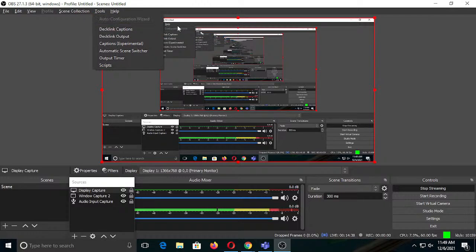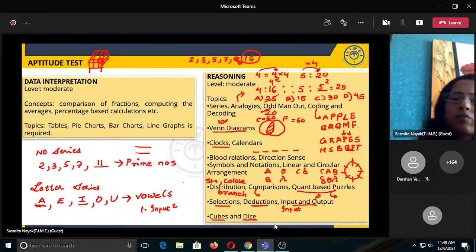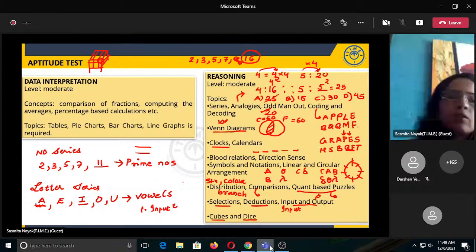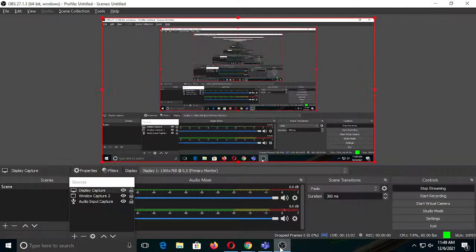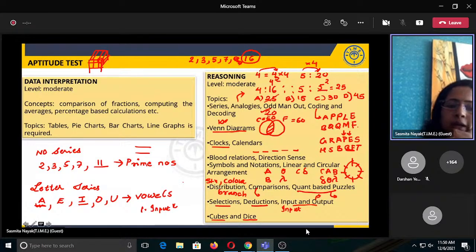Is it clear what different types of questions are asked in different topics? Or do you have any other doubt in this? Okay, students, any other doubt? Or do you want me to tell you about data interpretation or quant? Okay, I think they don't have any doubt.